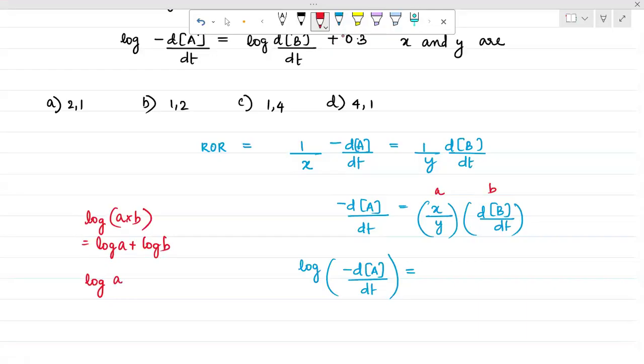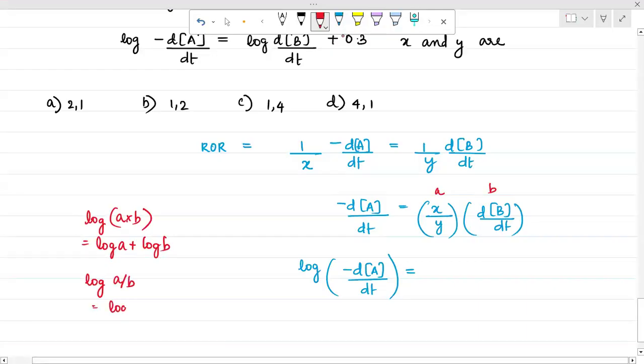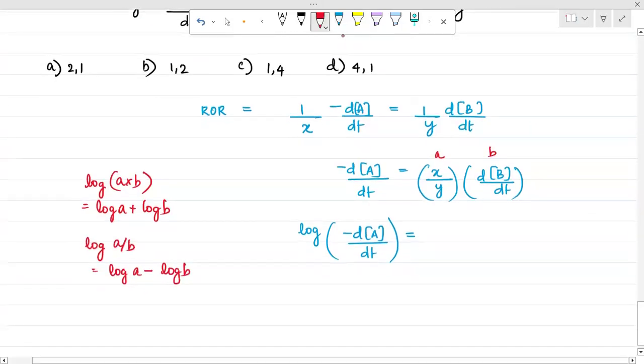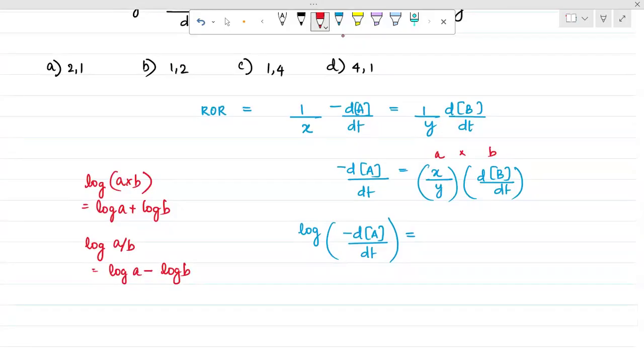Similarly, log A by B can be written as log A minus log B. These basic logarithmic relations you should know. All right. So now this is A into B, and I can write it as log of dB by dt plus log of x by y, correct?